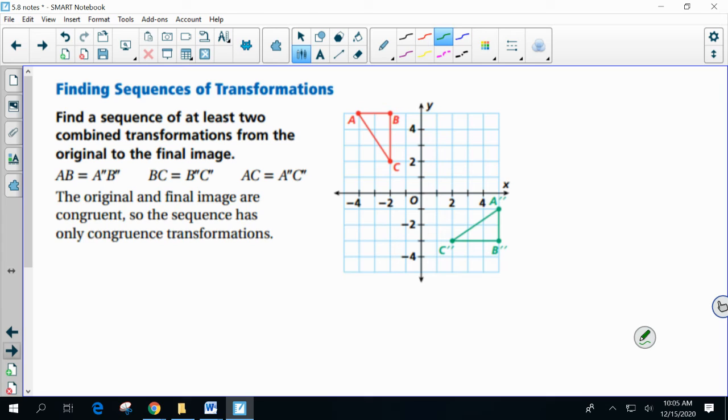So we have to try to figure out what could have possibly happened. Any ideas? And this particular question, you do not have one like this on your test. So this is completely just like a challenge question.